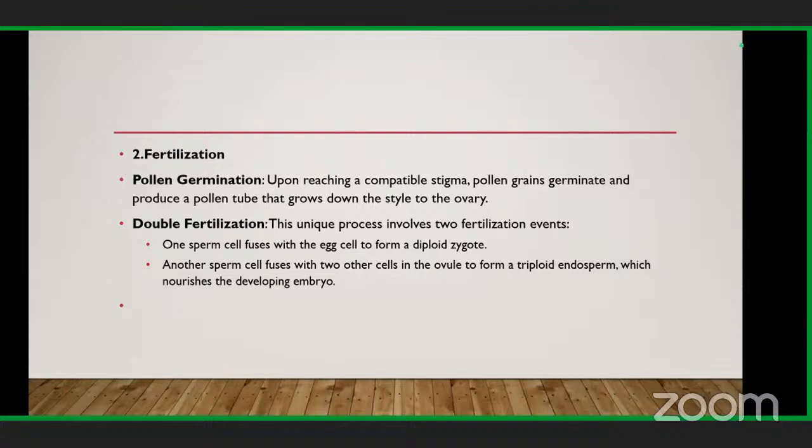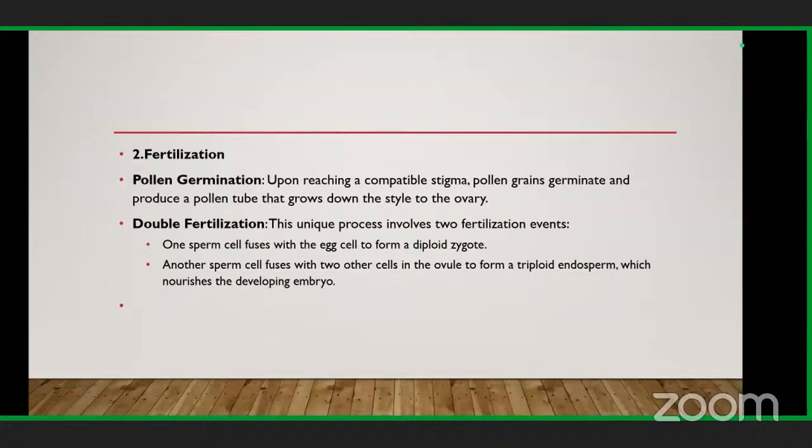All keys can't open the lock. There are specific keys for specific locks. So this is the main mechanism by which pollens from all the flowers can't germinate. There are specific enzymes present in the stigma that recognize when compatible pollen reaches the surface, and then the germination process takes place.